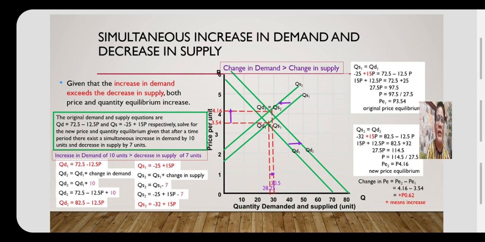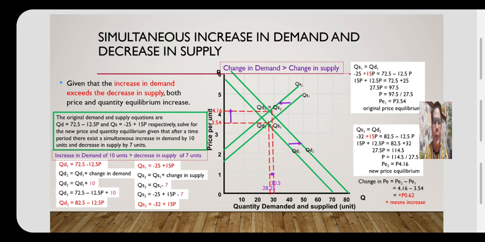Let us read this particular market situation given by a specific market problem.